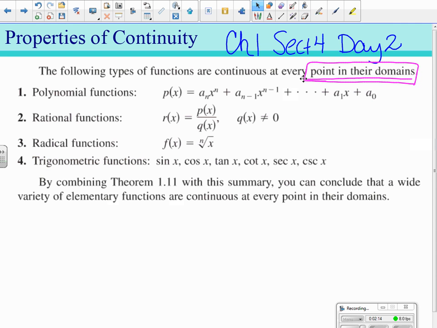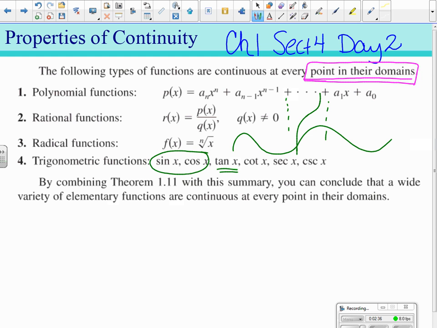And finally, the trigonometric functions. They are continuous everywhere as long as we are staying within their domain. Sine and cosine, those nice smooth waves, are continuous on all reals. Tangent, though, remember there are asymptotes involved in the tangent graph, and you have places of discontinuity at negative pi over 2 and pi over 2.